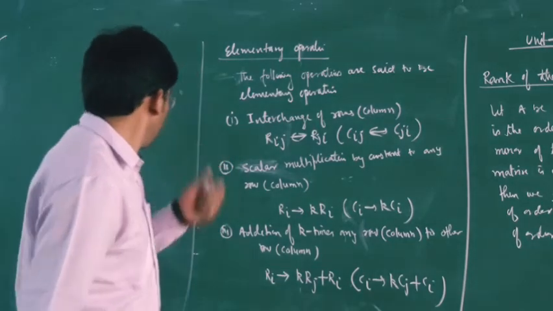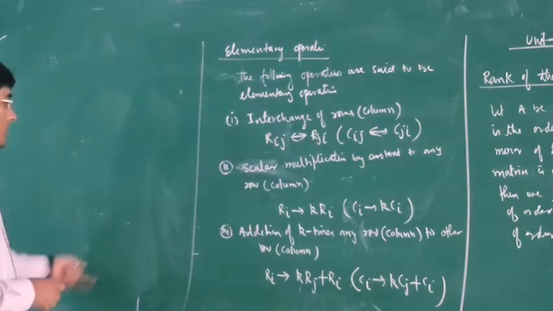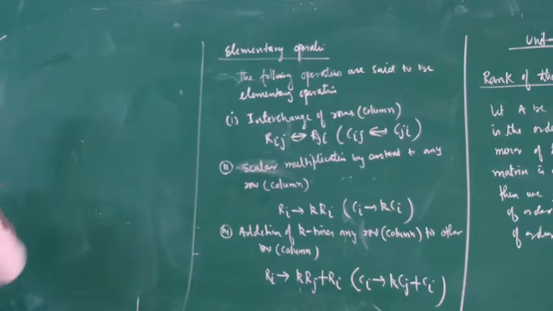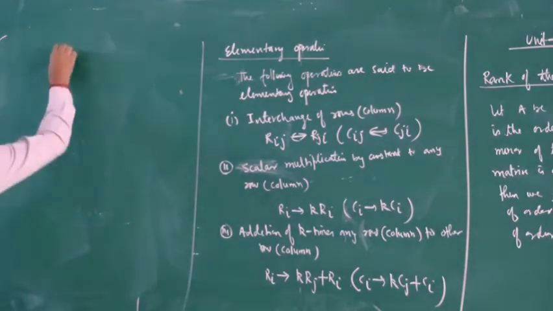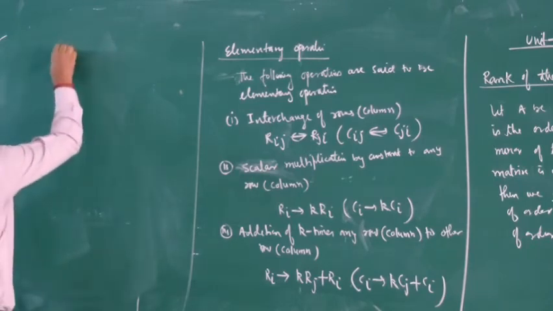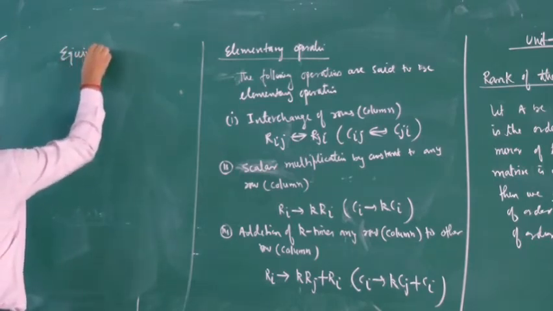Then, let us find out the rank of, now two matrices are said to be equivalent matrix.